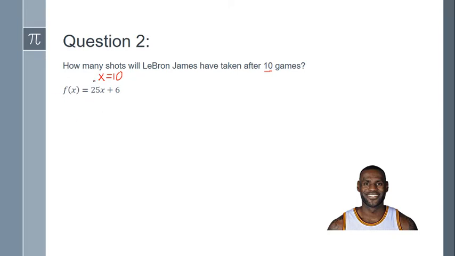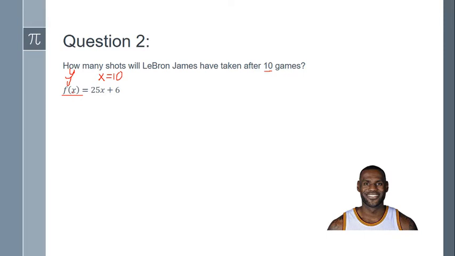Don't let the function notation throw you off, right? This over here does not mean f times x. It is not a different variable, right? It's a new way that we define a function. It's just a different notation than what you're used to. You can think of this as being the y. You're used to seeing a y there. Now we're going to use f of x.